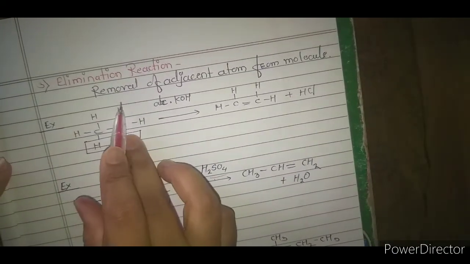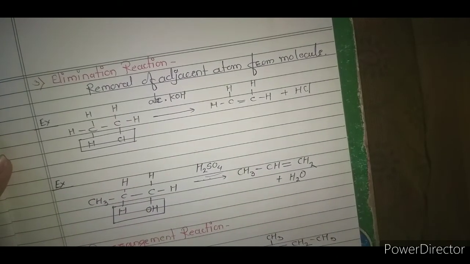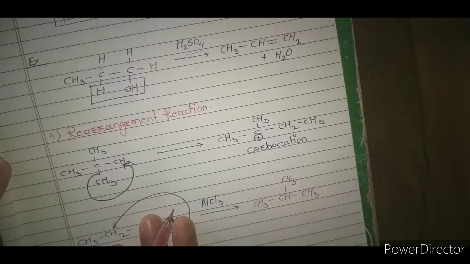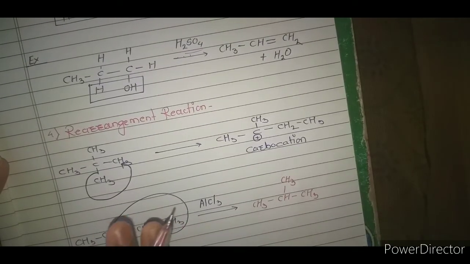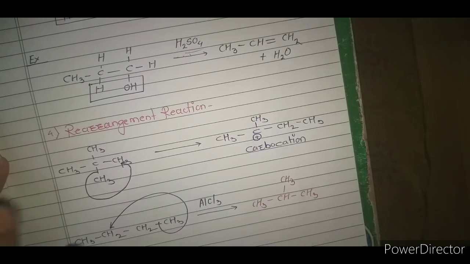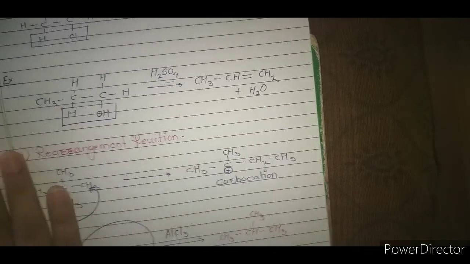Next is elimination reaction. In elimination reaction, what happens? The removal of adjacent atoms from a molecule. And rearrangement reaction. In rearrangement reaction, an atom or group of atoms is rearranged during the reaction. It is your rearrangement reaction. Thank you.